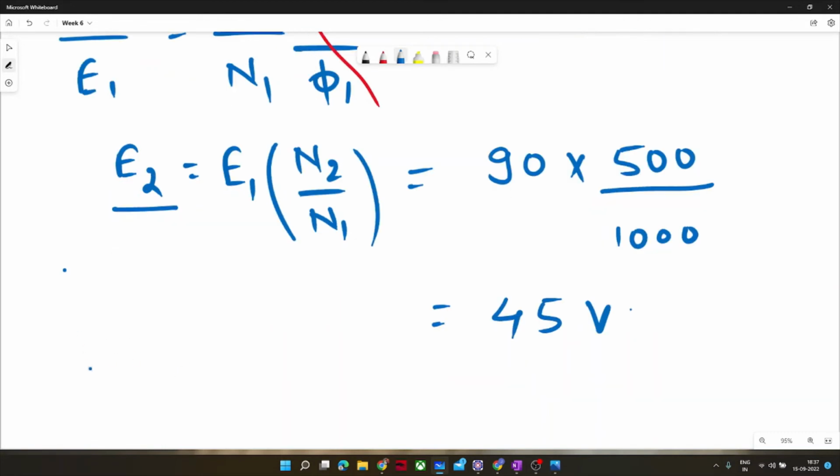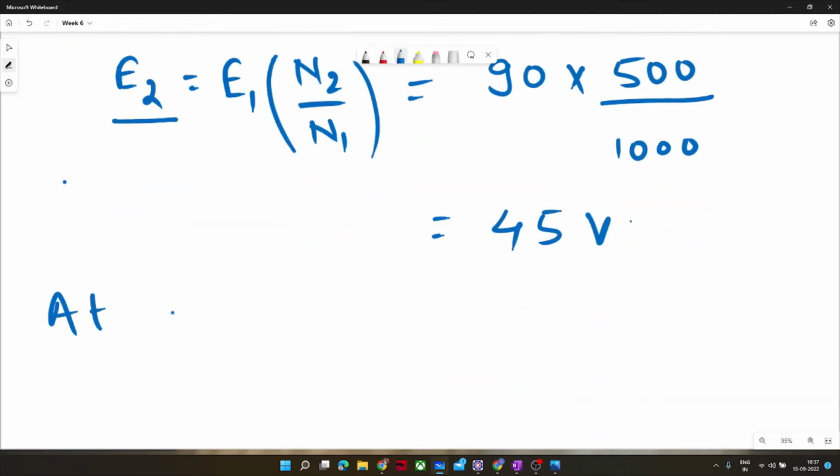So we completed both objectives: to calculate armature current and back EMF at the speed of 500 rpm. Now we need to calculate our armature voltage. Armature voltage would not be equal to back EMF. Why? Because now we need to decide how much voltage we should apply so that the motor would run at 500 rpm. At 500 rpm, its induced EMF would drop to 45 volt, but our rated voltage was 100 volt.